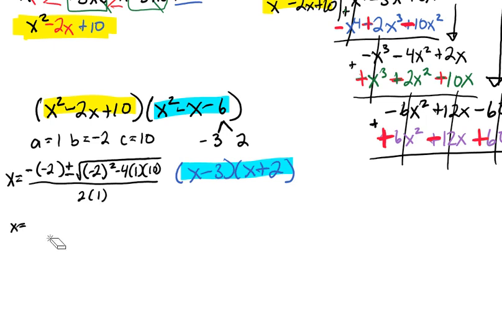So if we take our calculator, we can actually plug this entire thing into our calculator. I'm going to go ahead and just kind of break it up just so we can see it a little bit easier.